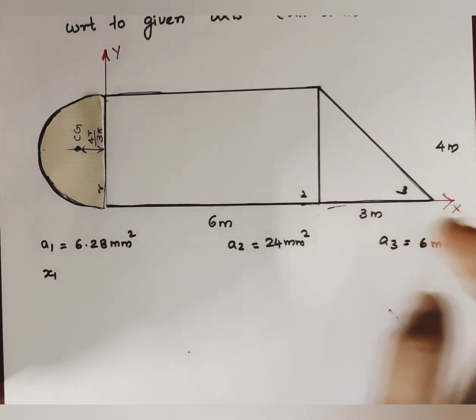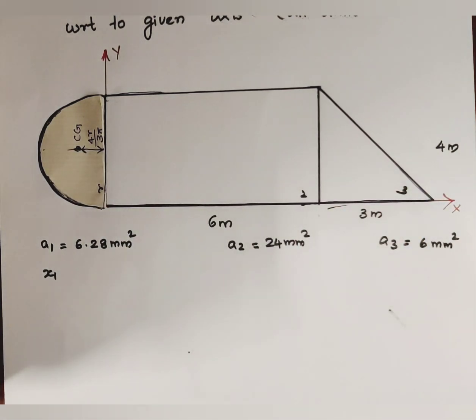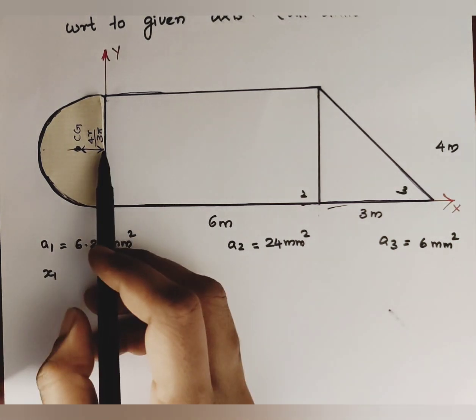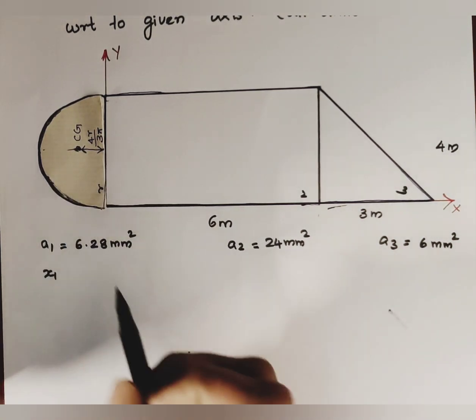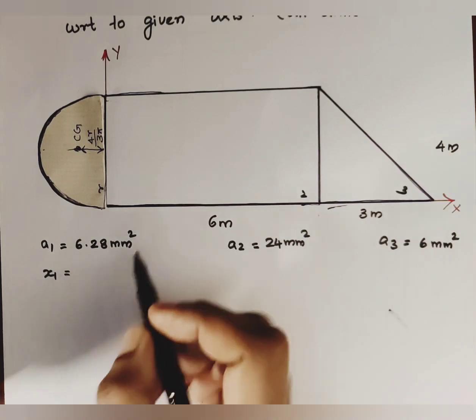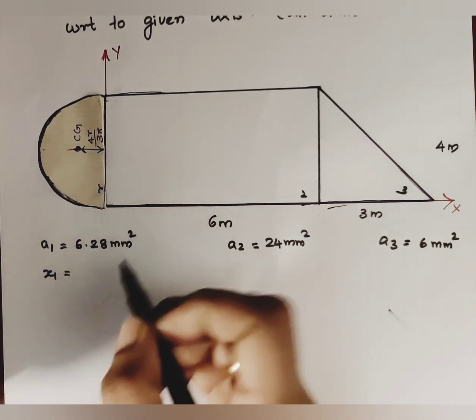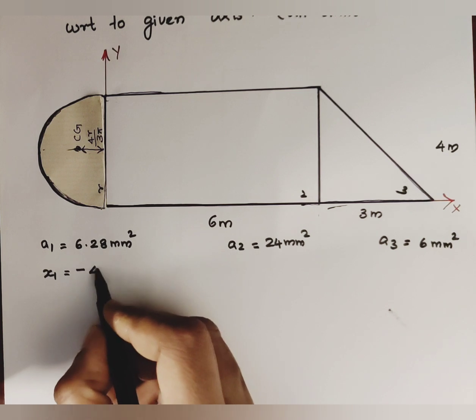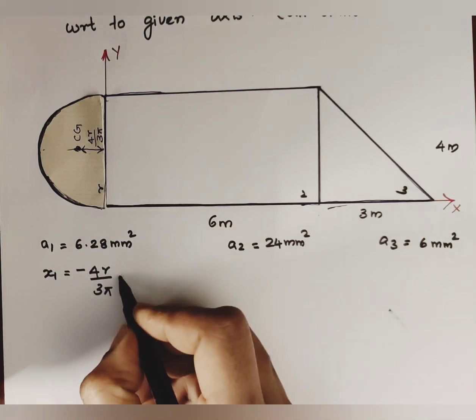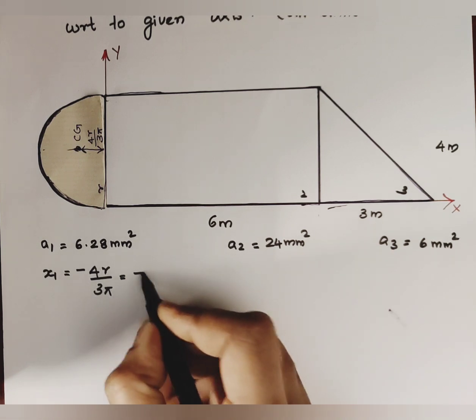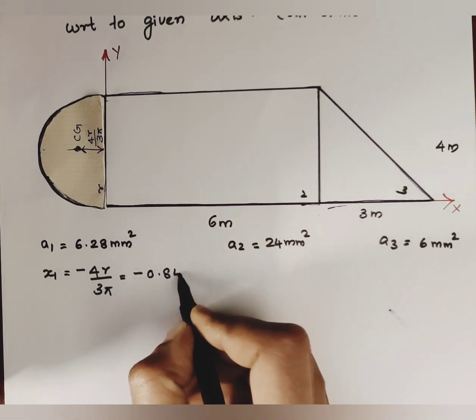Two figures are to the right side and one figure is to the left. So the centroid of this figure is to the left. So here x1 is equal to this distance, that is a negative value, minus 4r by 3 pi. That is equal to minus 0.849.